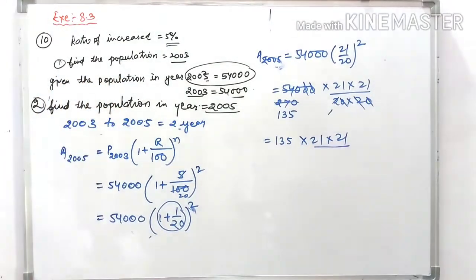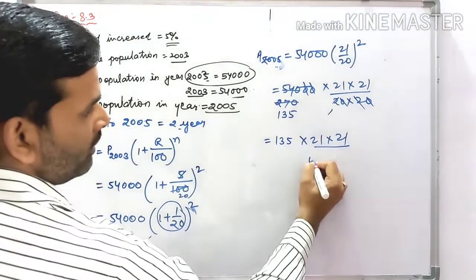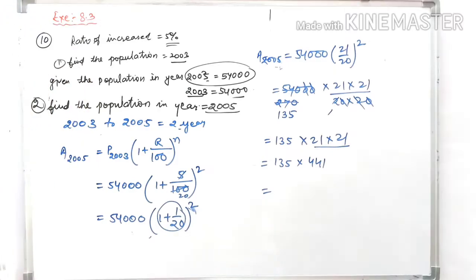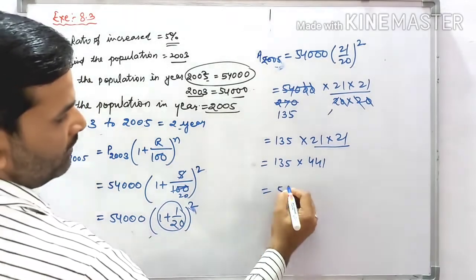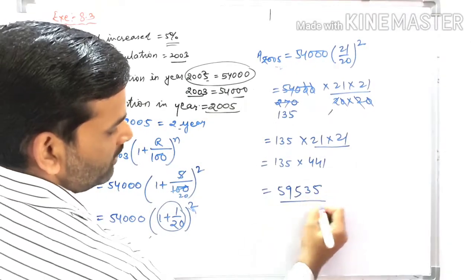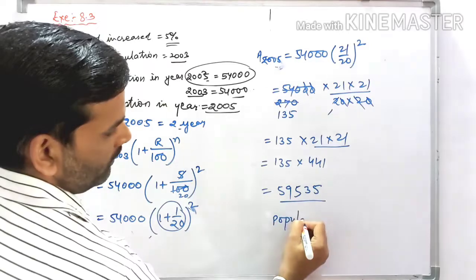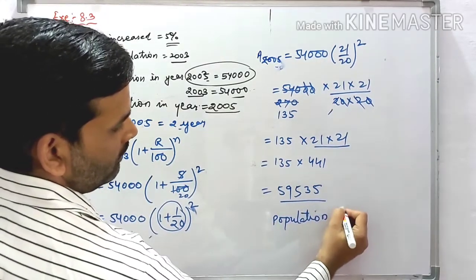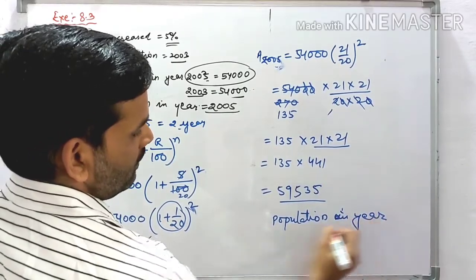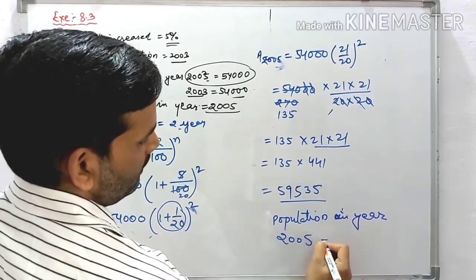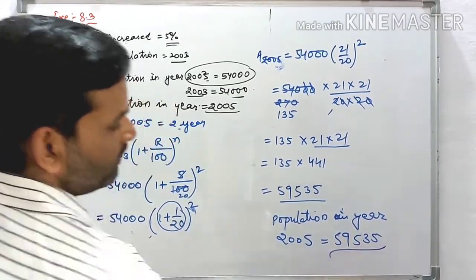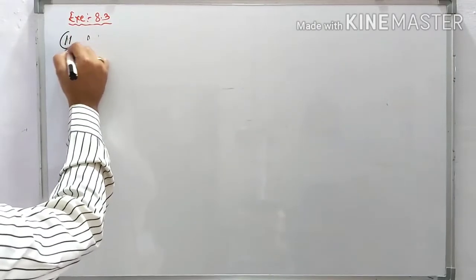The square of 21 is 441, and 441 into 135 after multiplication gives 59,535. So the population in the year 2005 is 59,535.